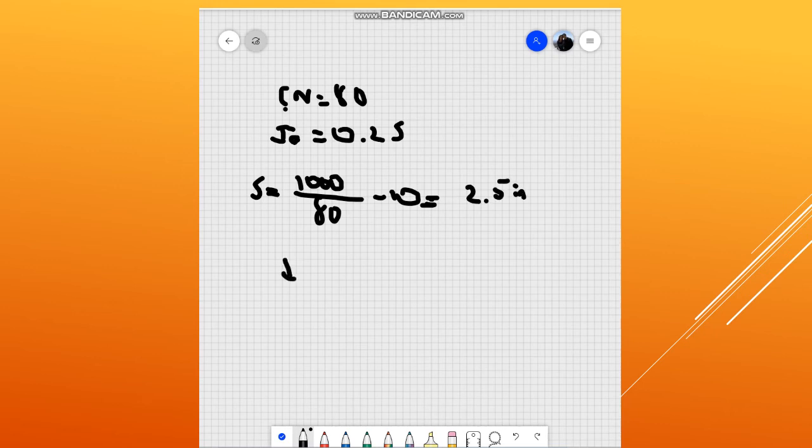So IA, the initial obstruction, is 0.2 multiplied by 2.5, is gonna be 0.5 inch. So initial obstruction is 0.5 inch.